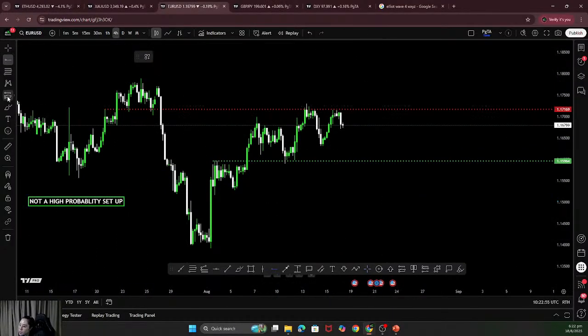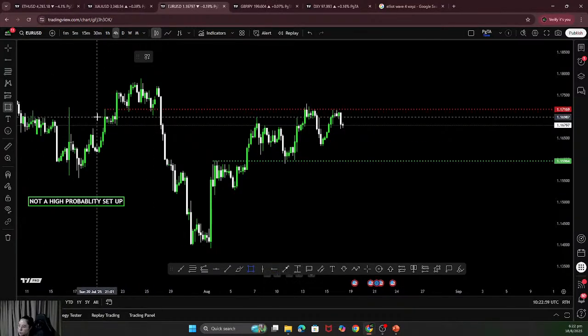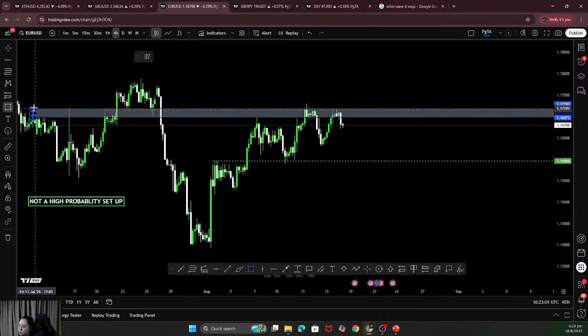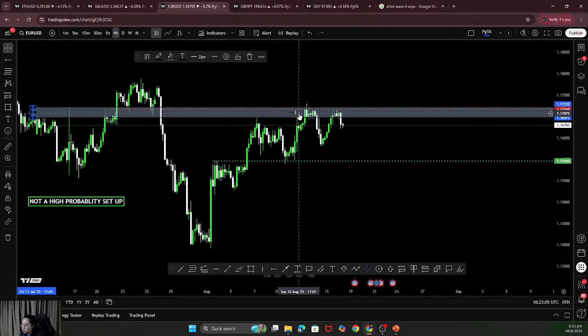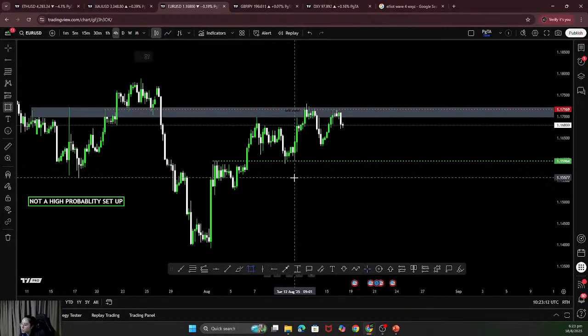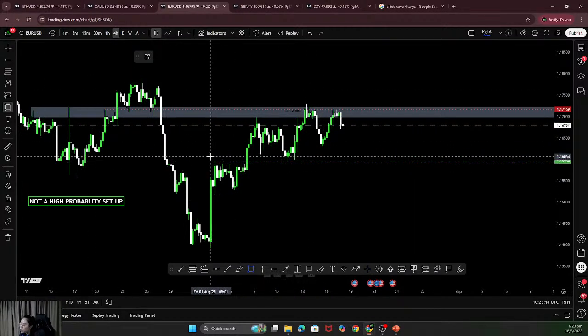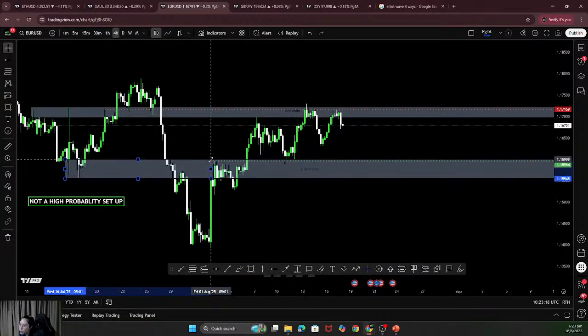So if I'm getting in here, this is going to be my sell zone. And if price gets here, I'm going to consider getting in a buy zone here. Why is my zone so big?